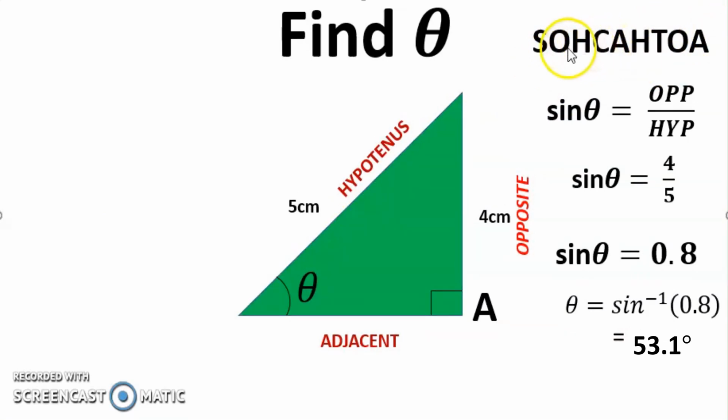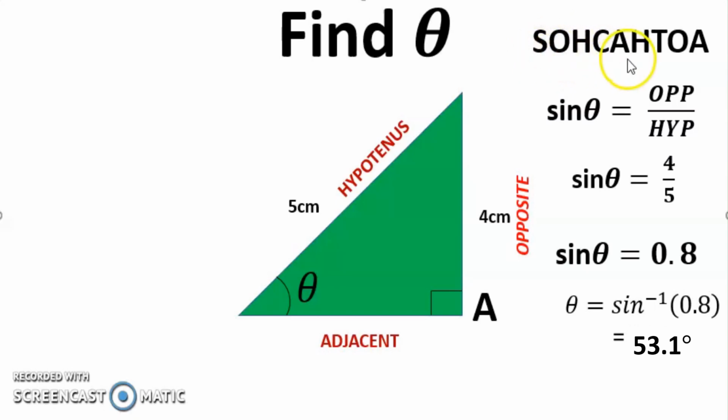Out of SOH, CAH, or TOA, we must make sure that at least 2 out of 3 of the parameters are known before we can use it.